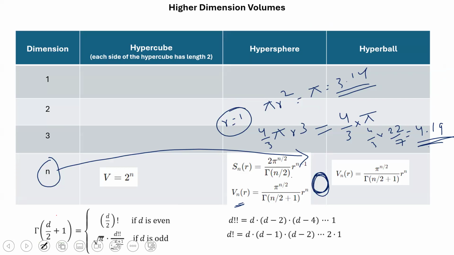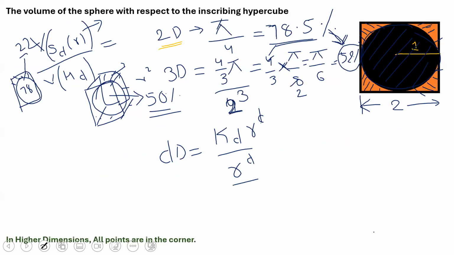I call this whole thing KD, which is some constant. So it is KD R to the power of D, divided by the cube's volume. If this is L to the power of D, now my length of the cube is 2, so this becomes 2 to the power of D. And R is equal to 1 in this case, so this becomes KD by 2 to the power of D.